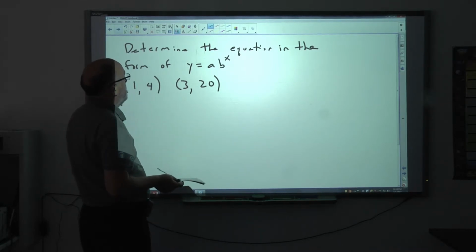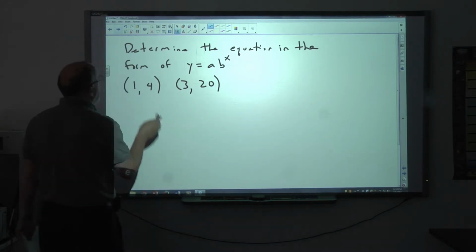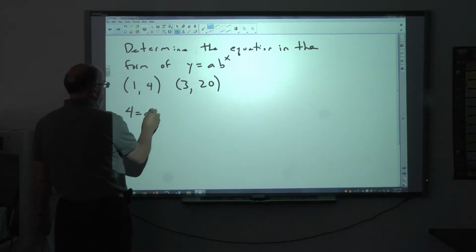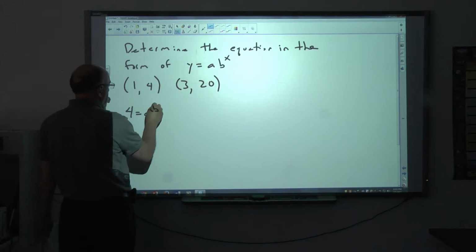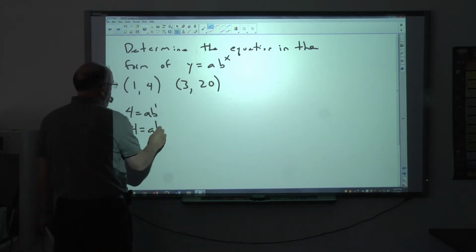If I look at my first numbers here, this will give us 4 equals a b to the first, which of course is just 4 equals a b.